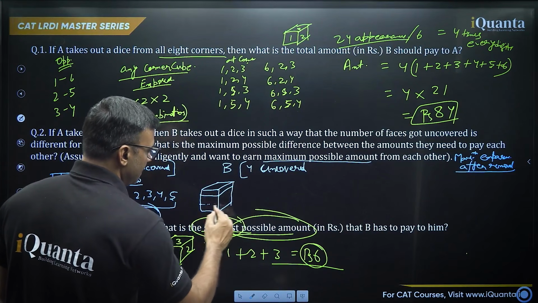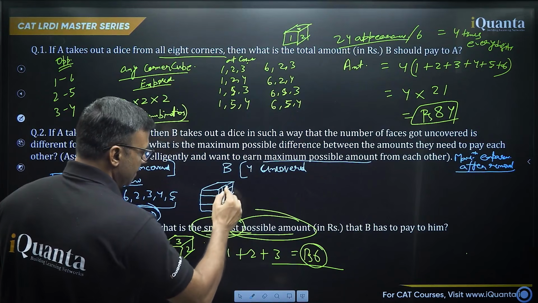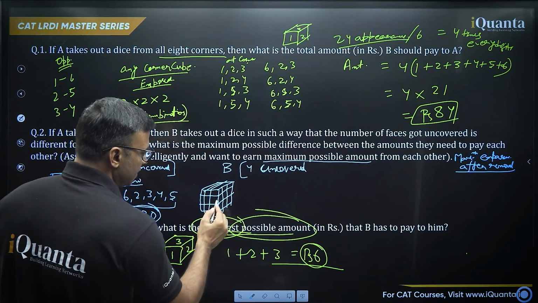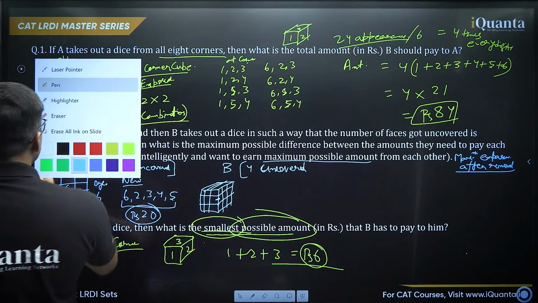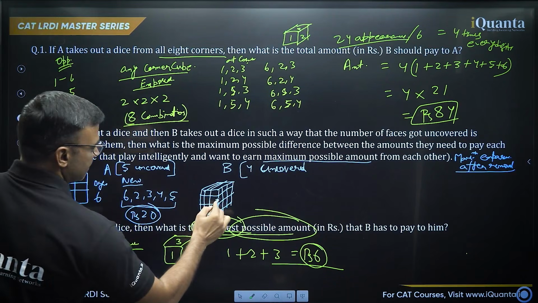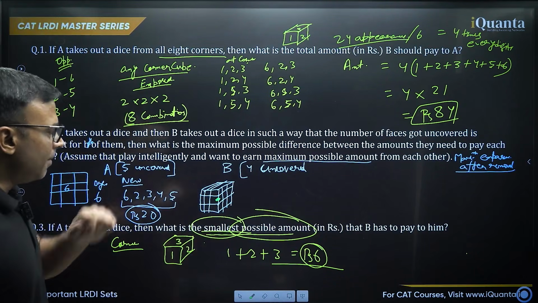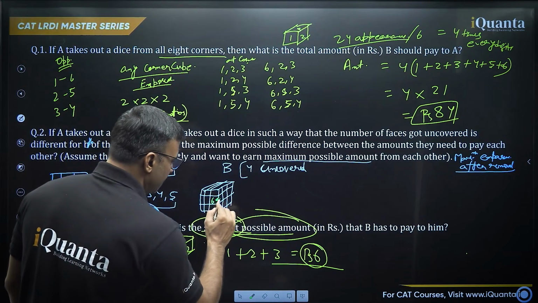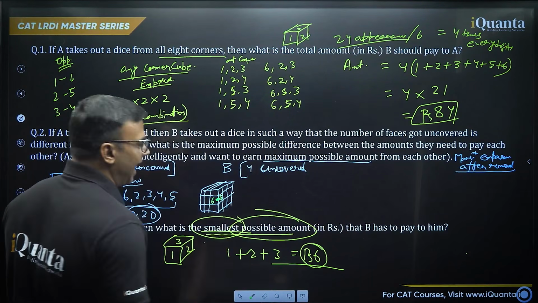The one from the edge, right? So he should get it from this one. And for the maximum amount, take a situation where the original numbers exposed are maximum, so 6 and 5.